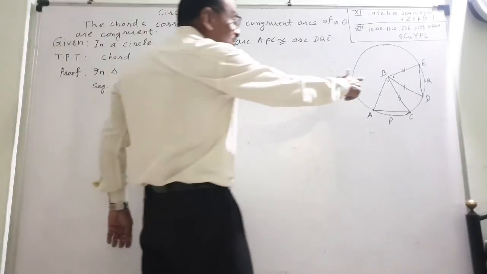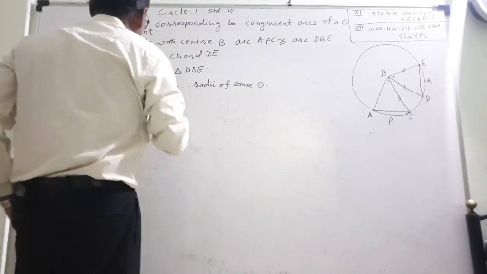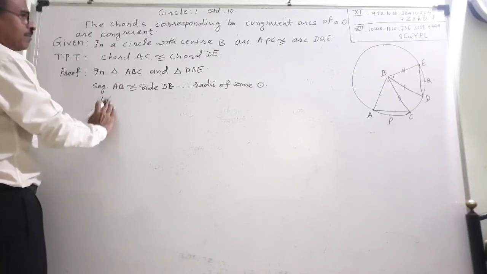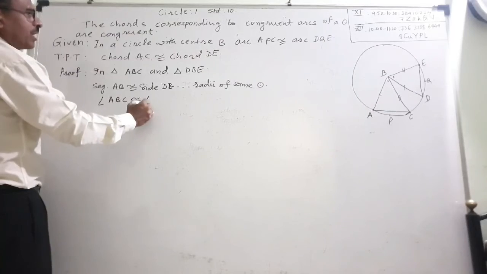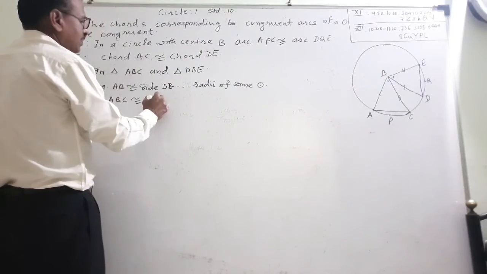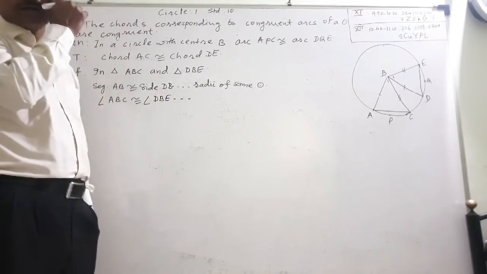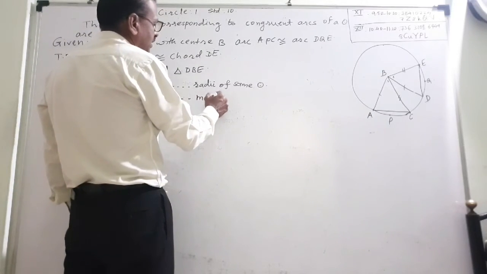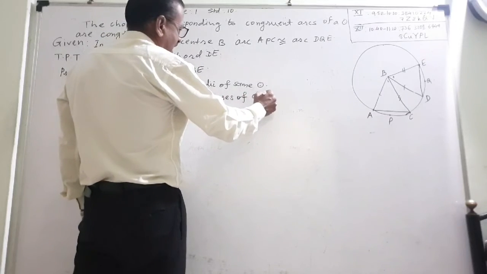Now this angle is also congruent. Why? Because this arc and this arc are congruent. So angle ABC congruent angle DBE. Reason: measures of congruent arcs.